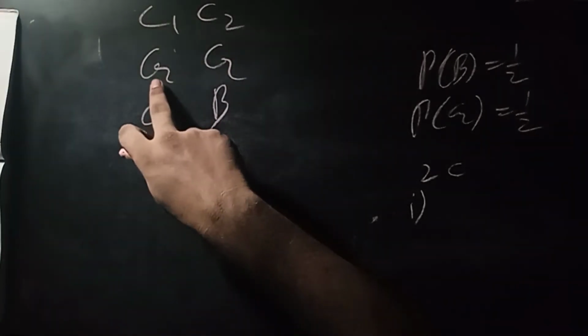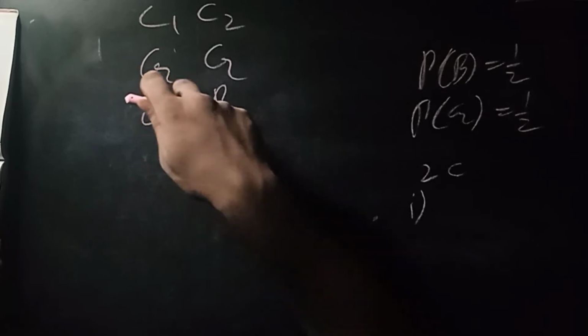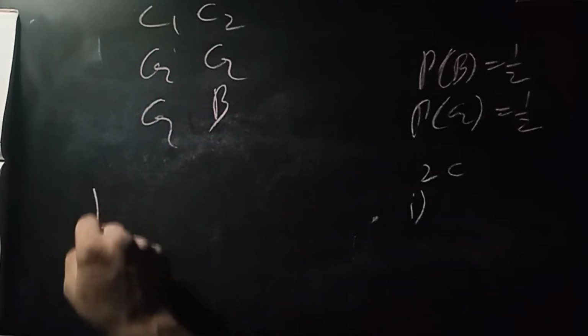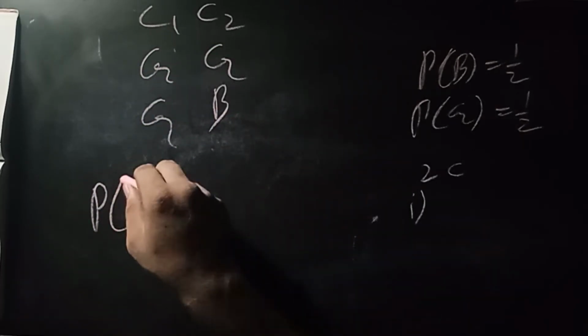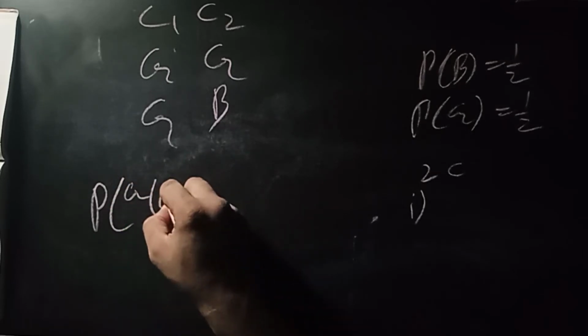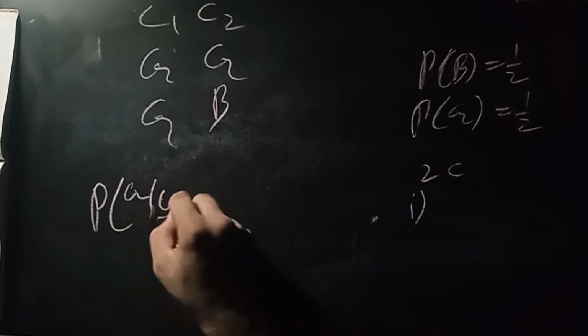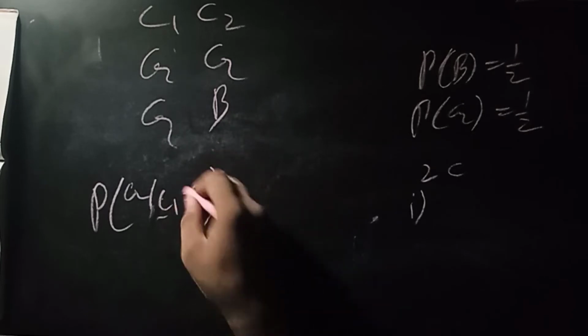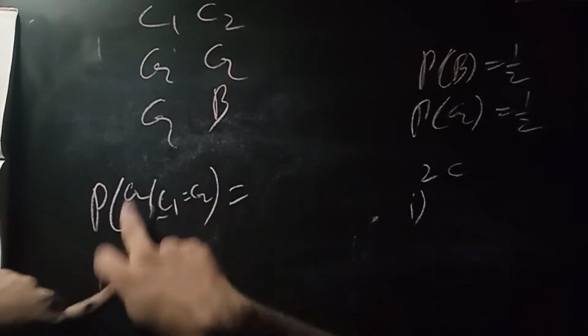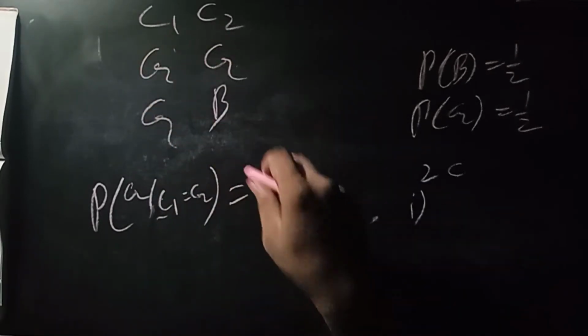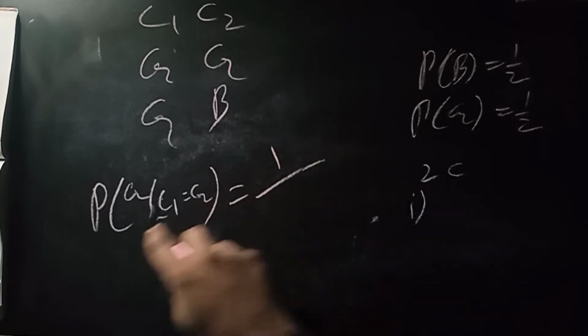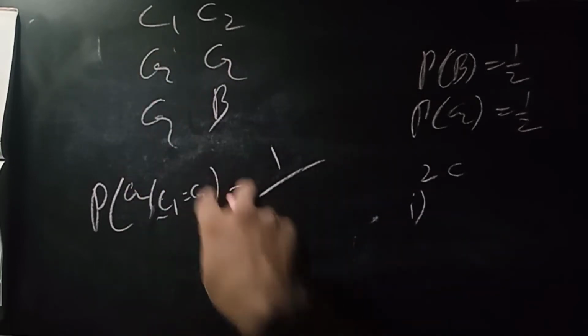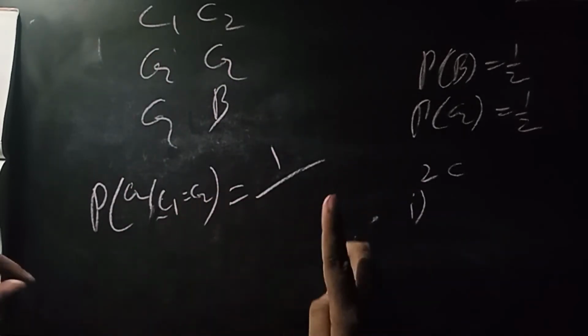So the youngest, let's say child 1, is a girl. So the probability of girl when child 1 is a girl, it's given, is the number of events in which this is applicable. Here both are girls, so it's 1 divided by the total number of events.